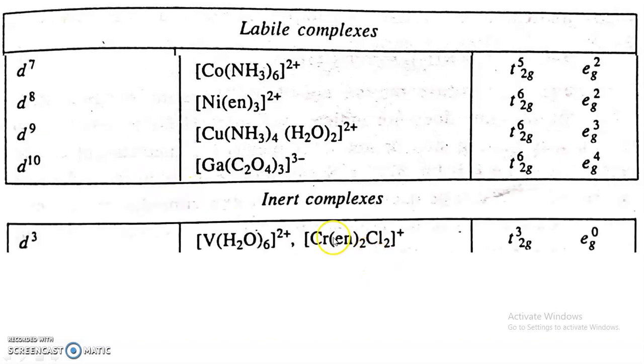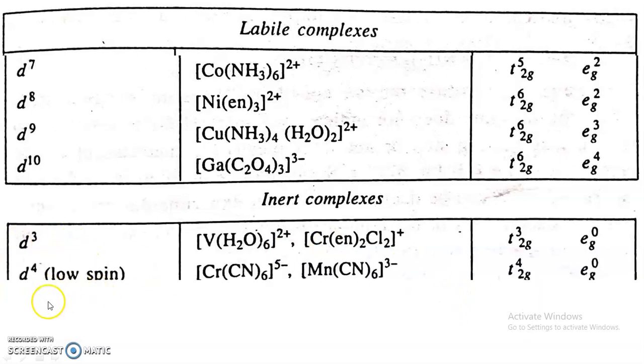Now examples of inert complexes: all the d3 complexes are inert complexes. For example, vanadium and chromium complexes with d3 configuration are inert. And low spin d4 complexes, for example chromium complex with cyanide or manganese complex with cyanide as a ligand, these are low spin complexes with d4 configuration, and these are inert.